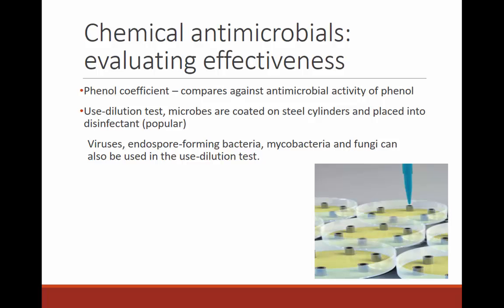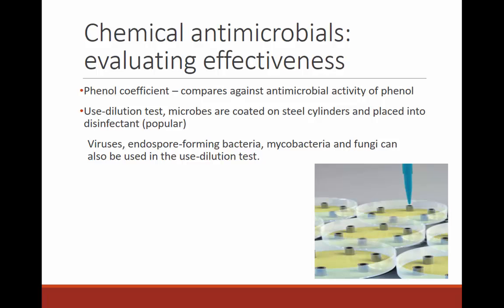So typically that test is on Salmonella typhi and Staphylococcus aureus, and if the death rate is lower than 1, then it's less effective than phenol. If it's higher than 1, then it's more effective than phenol. Okay, so that is what the phenol coefficient actually means.